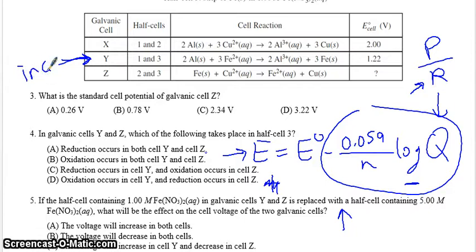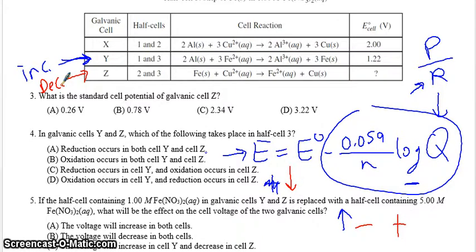The opposite occurs in cell Z, because iron is a product. Because iron is a product, your ratio of product over reactant gets bigger, so your Q is a bigger number. The log of a big number is positive. You end up subtracting a positive. Your voltage goes down. So it decreases here.